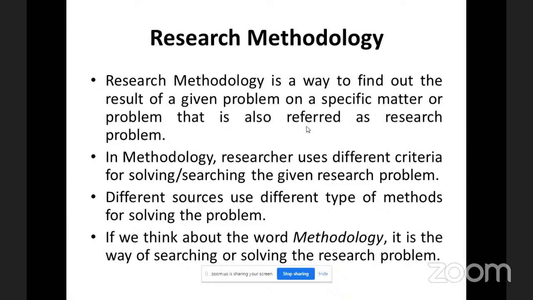So this is the part from which a new researcher can start writing their papers. If you face any problem writing a research paper, just start writing the research methodology. Just find out the different steps which you utilized to solve your research problem. Like data collection, data analysis, after collecting the data, which method you utilized to solve this.